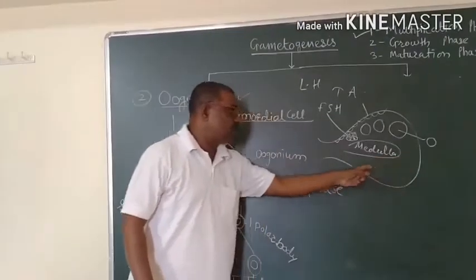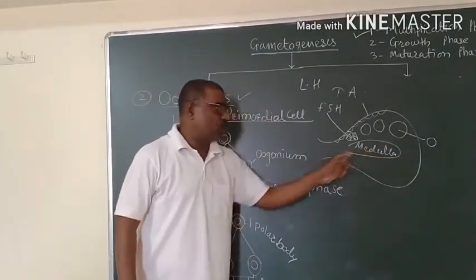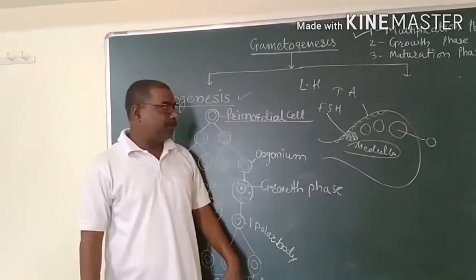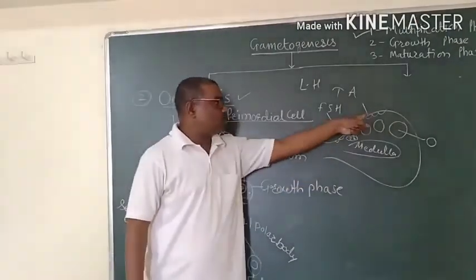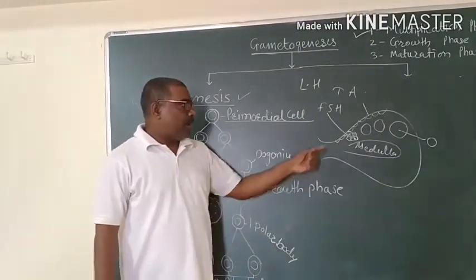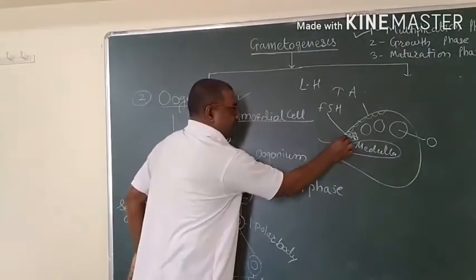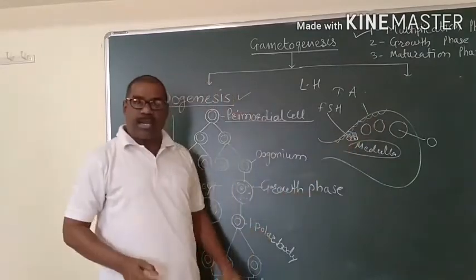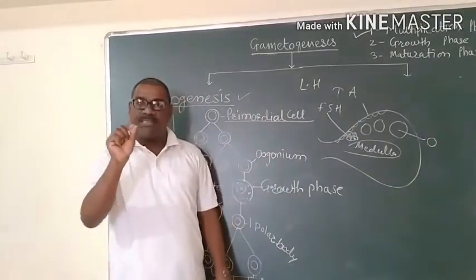This upper portion is called the cortex, this middle portion is called the medulla, and the outermost coating is called the tunica albuginea, and it is lined by a single layer of cells called germinal epithelial cells.